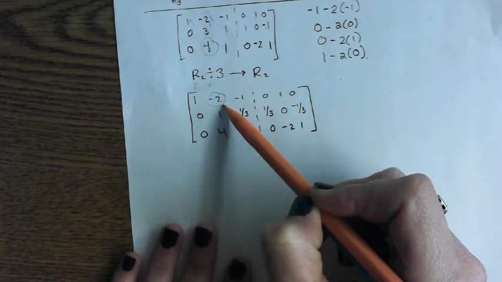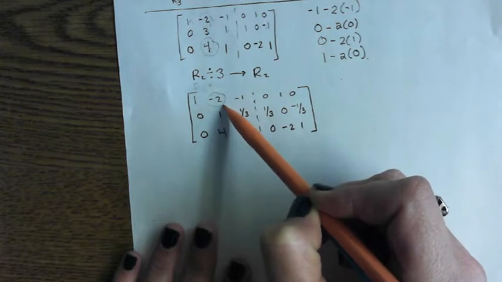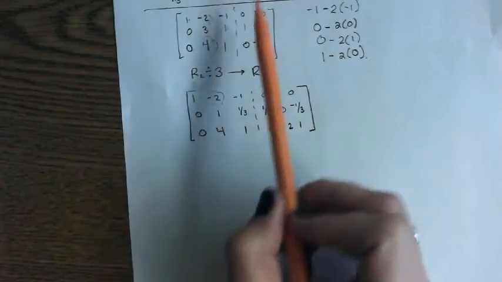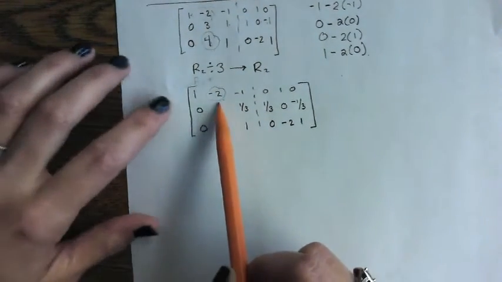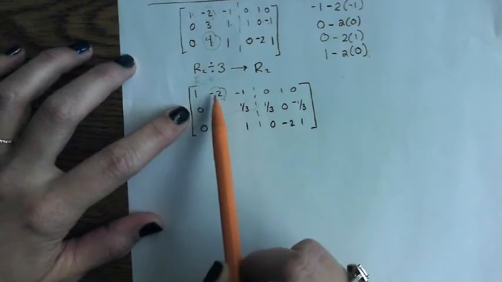Can we just add 2? No. You have to add another row, and you can multiply that other row by something. So we want to add 2. So we could now double this row and add it to that one.